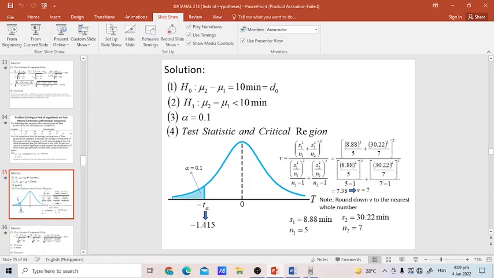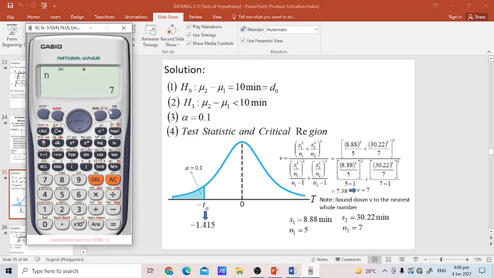So we have 7.38. How did we arrive at that? Okay, so in mode 1, we'll use this.